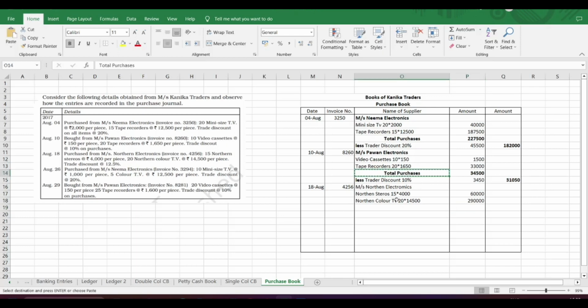Let us find out the total purchases here first. So our total purchases will be 3,50,000. For this, they are giving us trade discount of 12.5%.